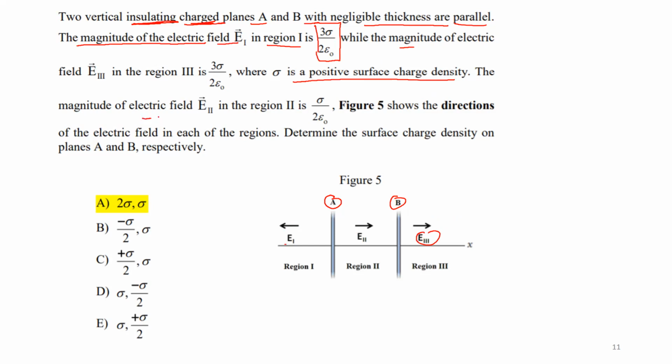And the magnitude of the electric field in region 2, which is here, is just sigma divided by 2 epsilon naught. The figure shows the direction of the electric field. Here the electric field is pointing in the negative direction, here it's pointing in the positive direction, and here it's pointing in the positive direction. The question is, determine the surface charge density on planes A and B respectively.